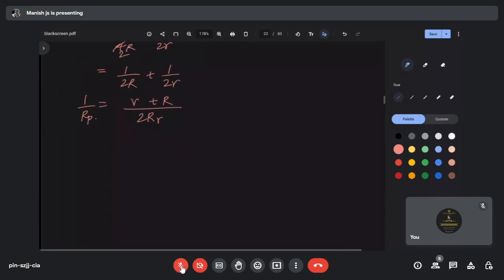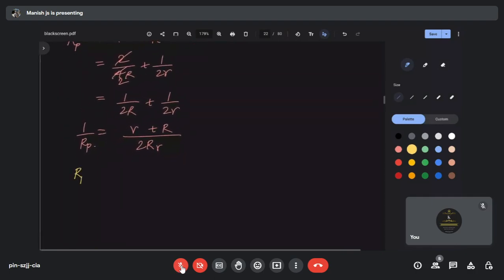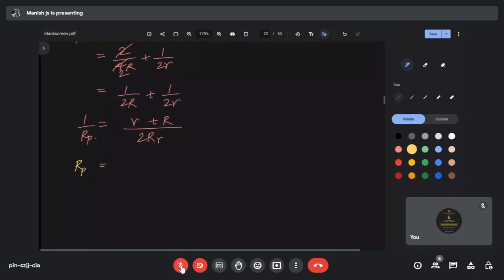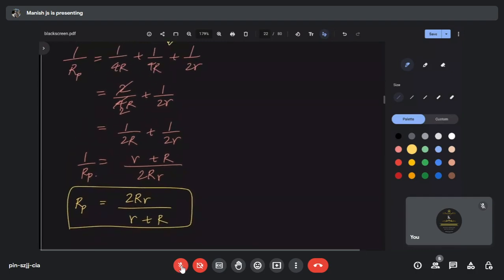So now we just wanted the resistance value, the RP value. So go for a reciprocal. So finally you will get 2 times capital R small r upon small r plus capital R. So this is the final answer that you have. So this is what we have.